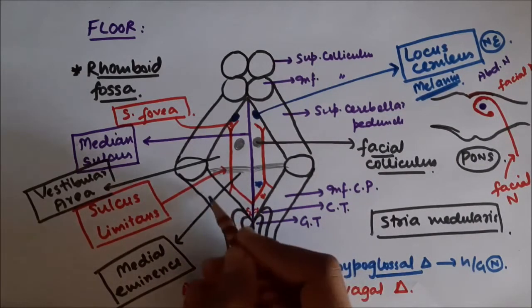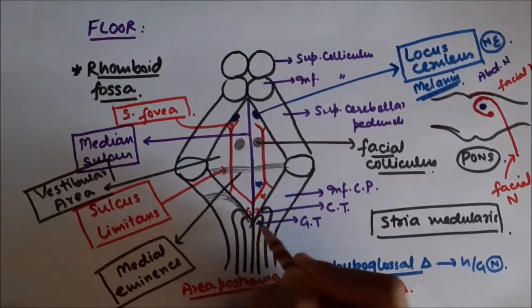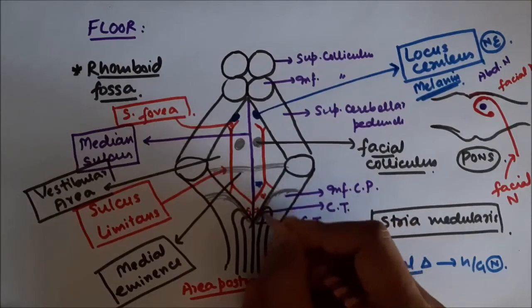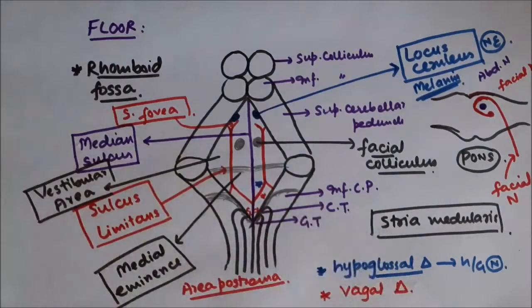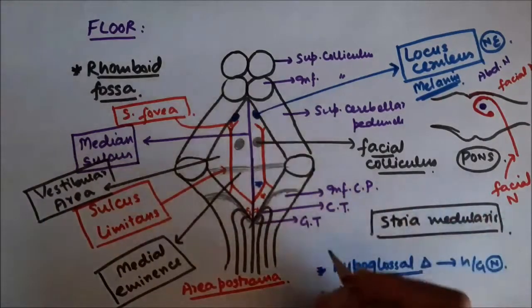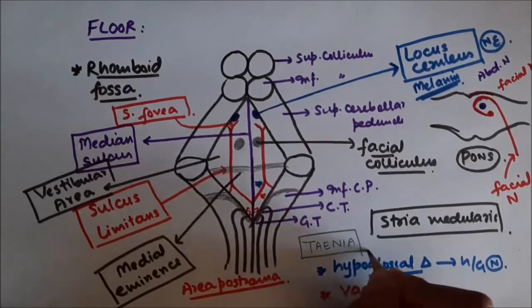Now there is another sheet of white matter here which covers the lower part of this floor. This sheet of white matter is called the tinea. It covers the inferior angle and the lower part of the inferolateral boundaries.